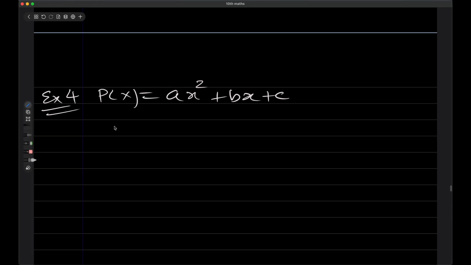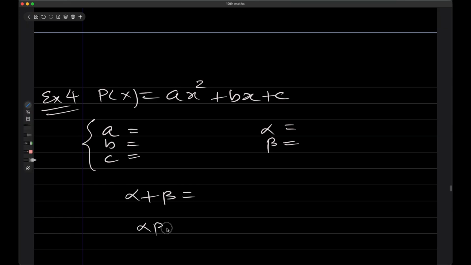We have zeros of polynomial, that is alpha and beta, and coefficients a, b and c. We have to find a, b, c.